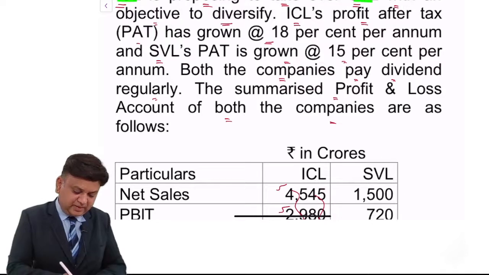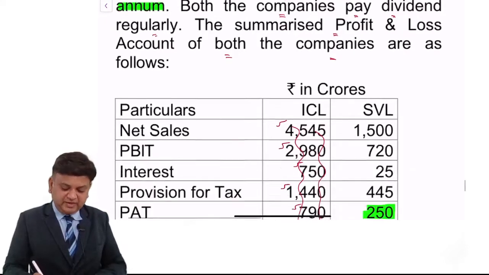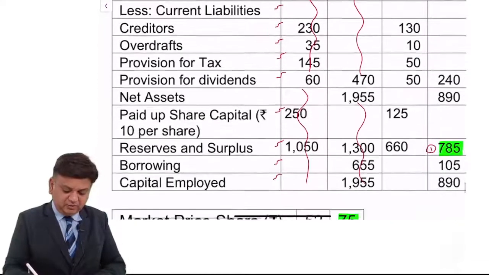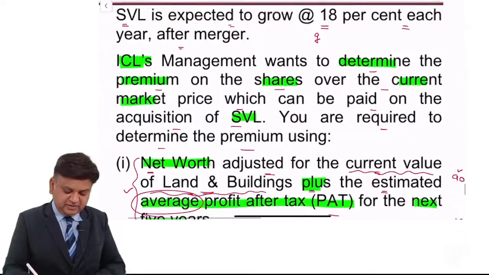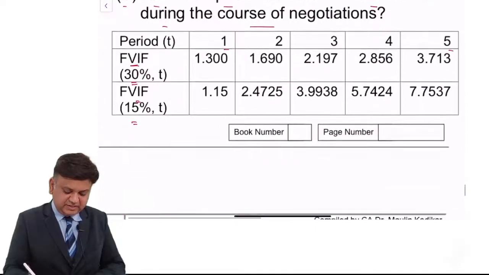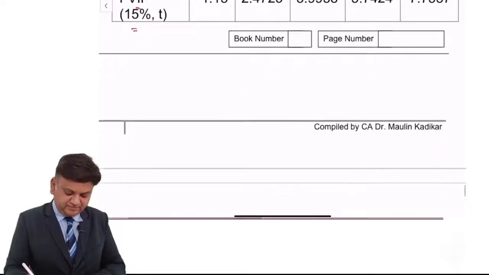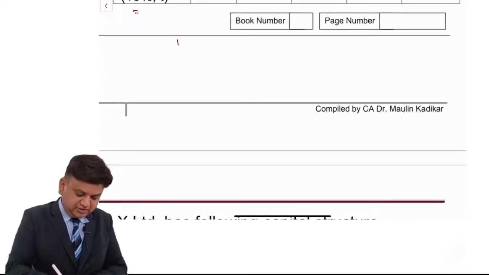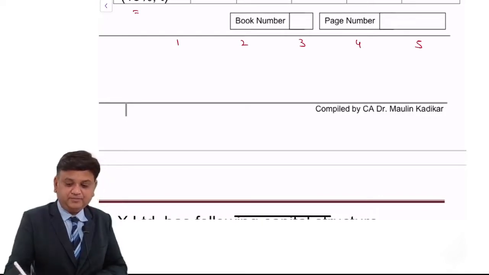The question is providing that the target company's growth rate will be 15% per annum. So over here we are required to make the calculation of the profit after taxes for the next 5 years, and then we are required to take the average of the same. That is the way we are supposed to calculate the answer. So first year, second year, third year, fourth year and fifth year.